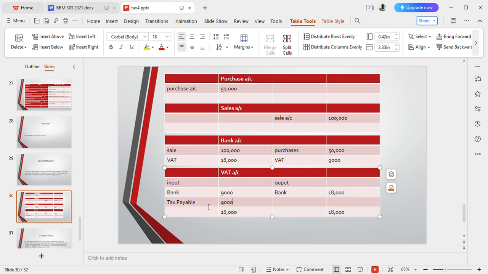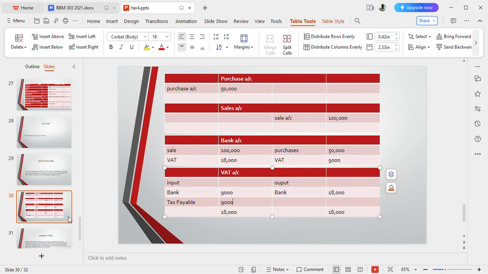So that's the amount of tax to be paid by the firm which did purchase goods. So that is how you can compute the ledgers.